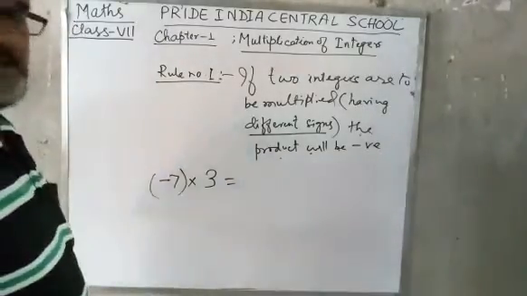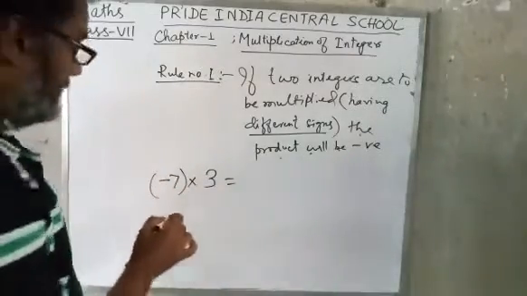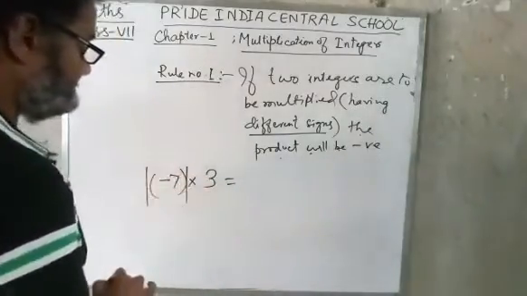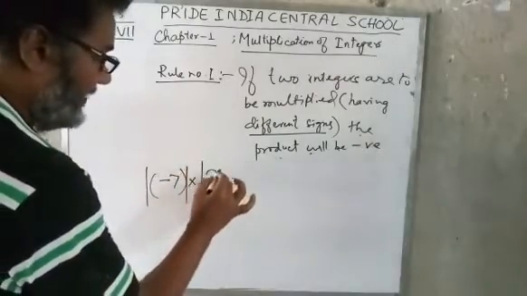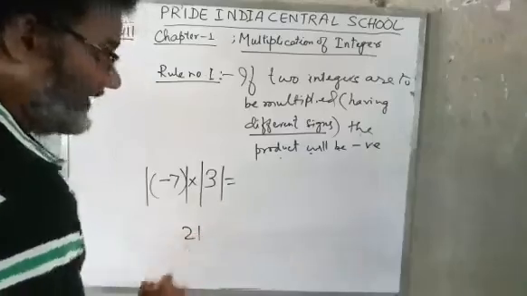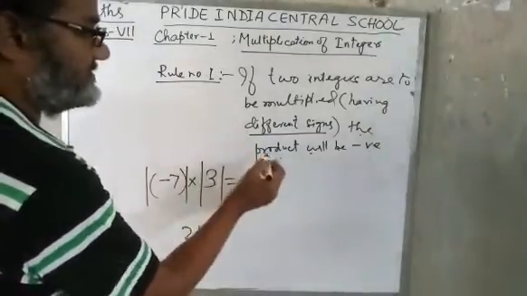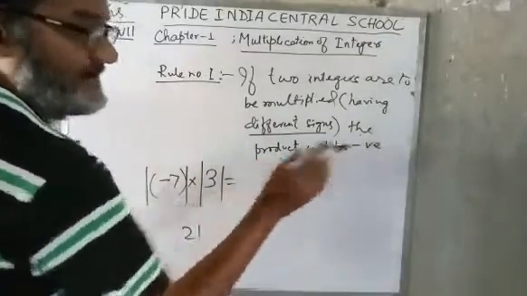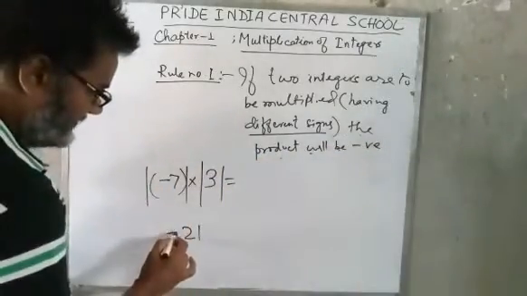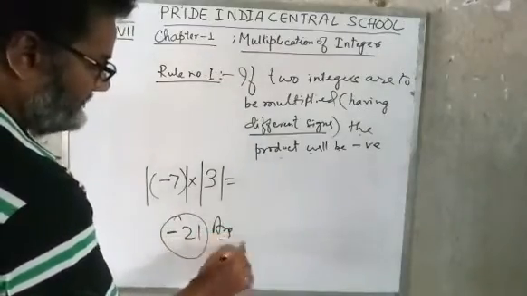So I can say multiply the absolute value of -7 and the absolute value of 3. It will come 21. And rule 1 says that the product will be negative. Here it will be a negative sign and this will be the answer.